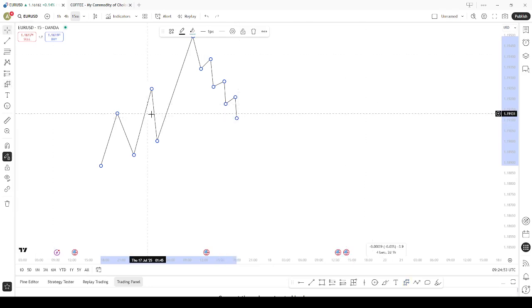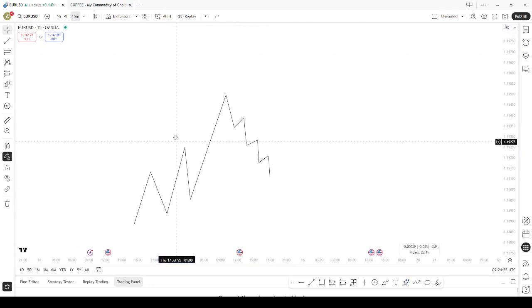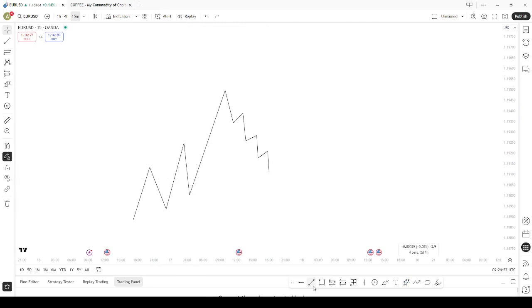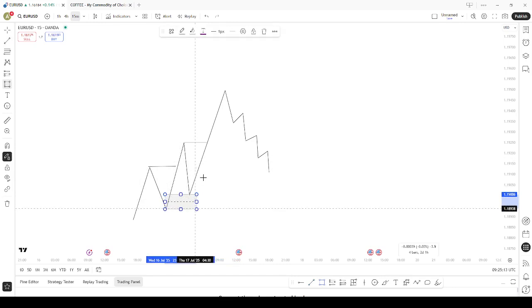So now I'm just going to use this example. Let's say price has been trending to the upside, broke structure, and also broke structure again. So what happened next? When price breaks structure, it retests at a certain zone. You get it? But when price broke at this structure, it never retested.